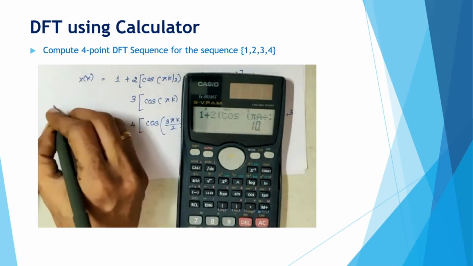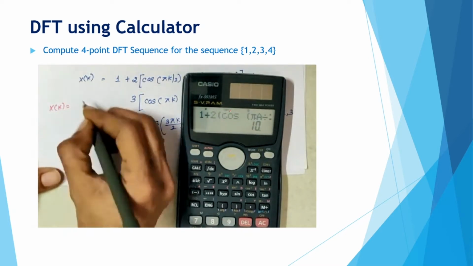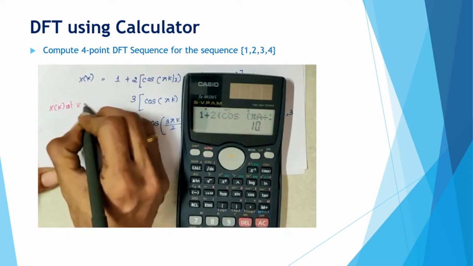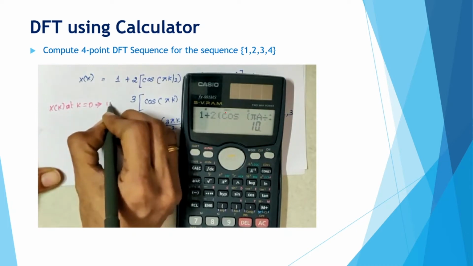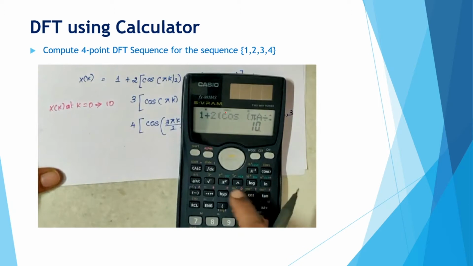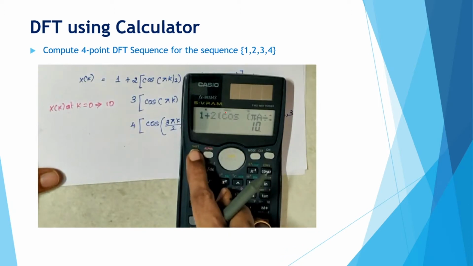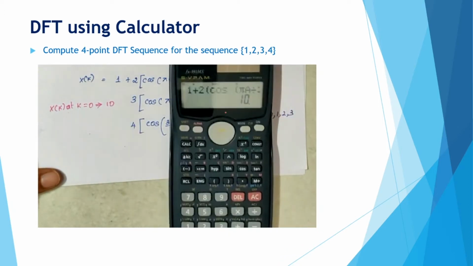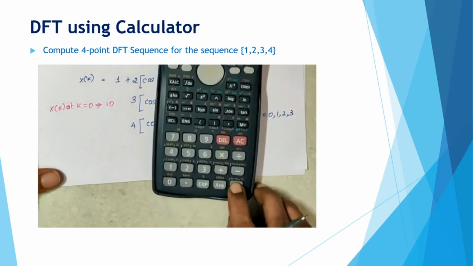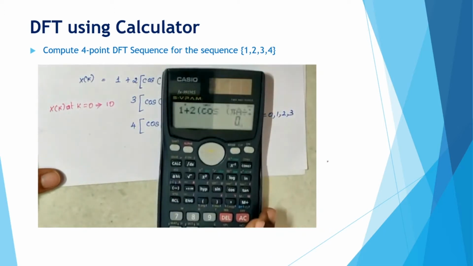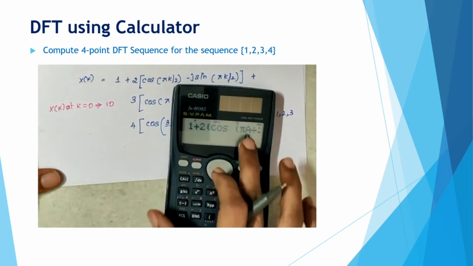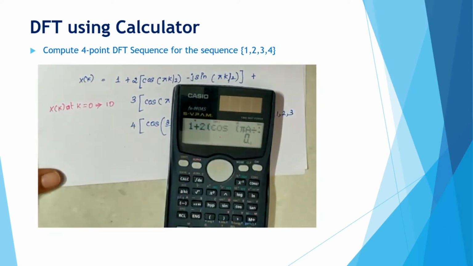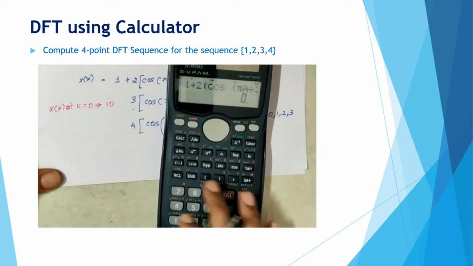So x of k at k equal to 0 will be 10 for the real part, and for the imaginary you have to press shift equal to button. Now you check here, you don't have any imaginary, it is 0 I, so you have only the real part, 10.